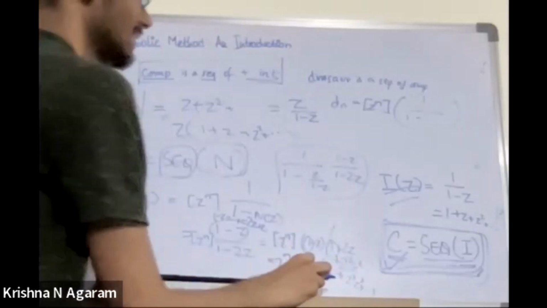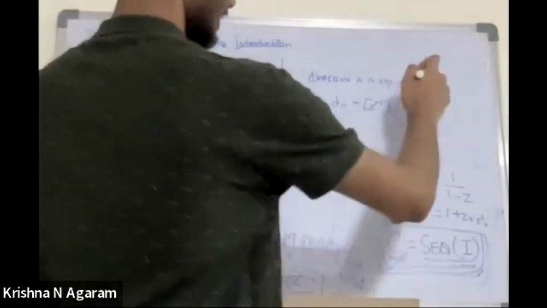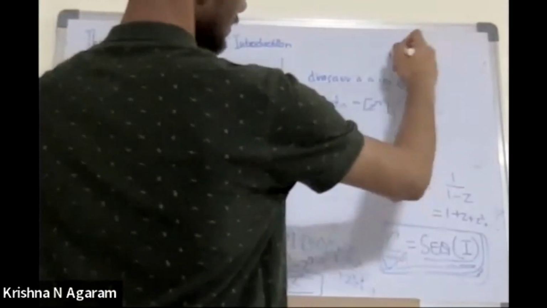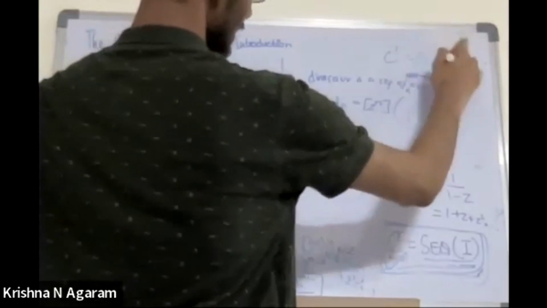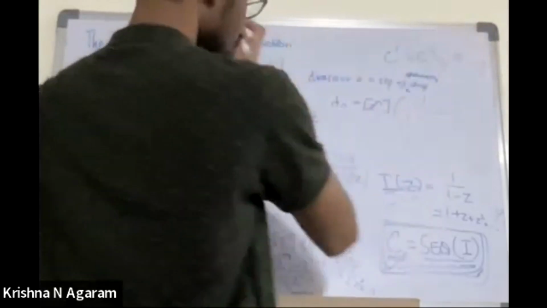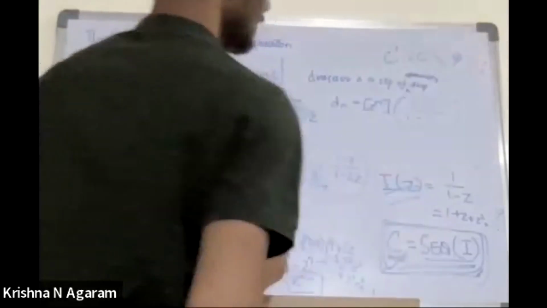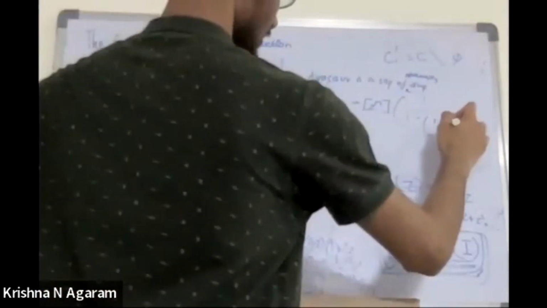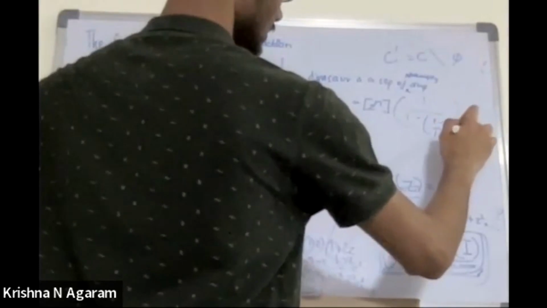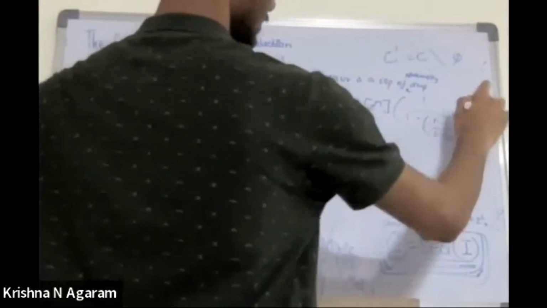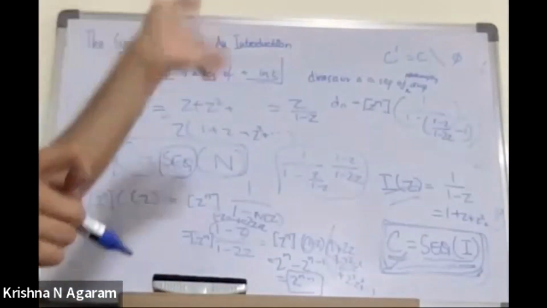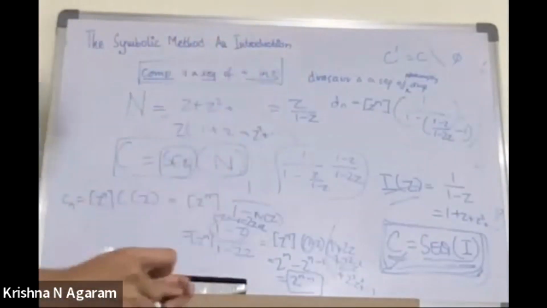Oh, unfortunately, it's 1 in this case. So I cannot say it's a sequence of compositions. I will say sequence of non-empty compositions, which means we remove that 0 object from there. Then that generating function will become 1 minus z by 1 minus 2z and take out a 1 from it. Okay. Then computers will find that coefficient for you.